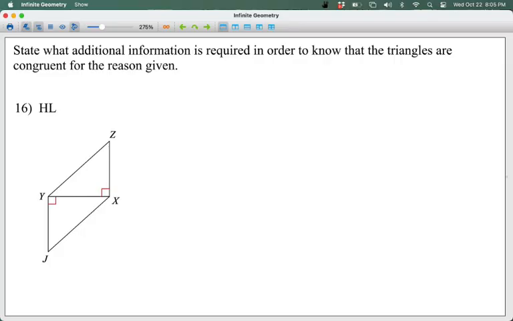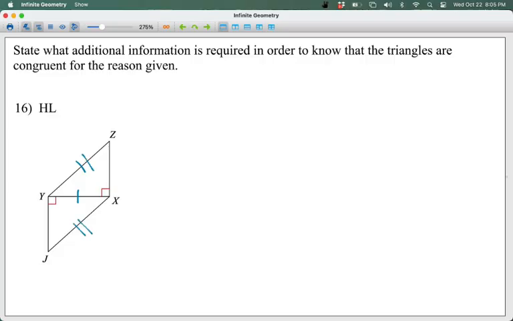We had to have a right triangle, we had to have hypotenuse, and we had to have a leg. So we know right now that this is congruent to itself, and the question to ask is, is that a hypotenuse or is that a leg? So the hypotenuse is the one opposite the right angle. That is the hypotenuse. So that's the leg, and we need then the hypotenuse.